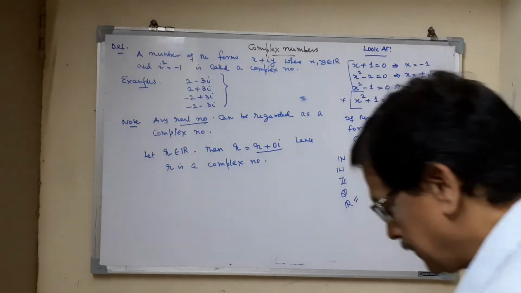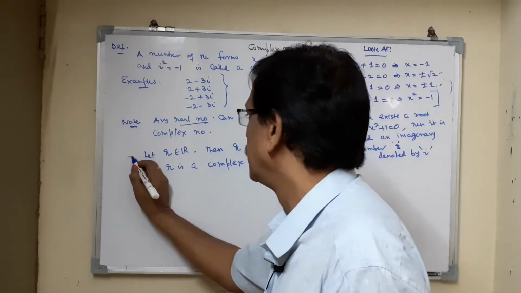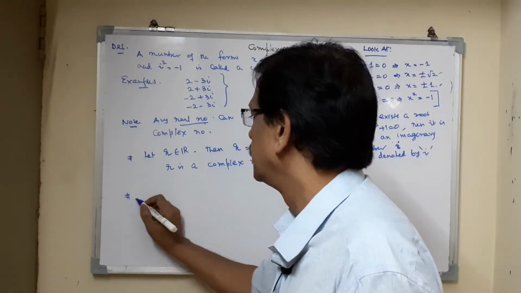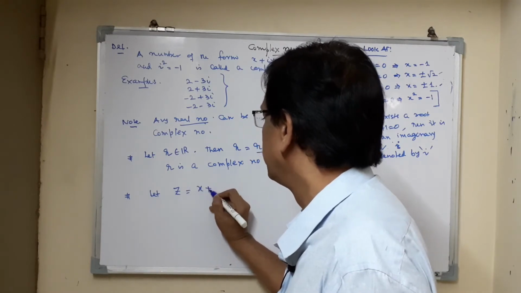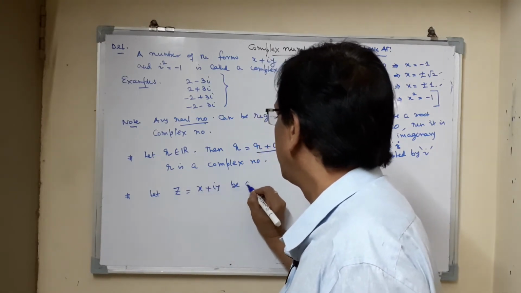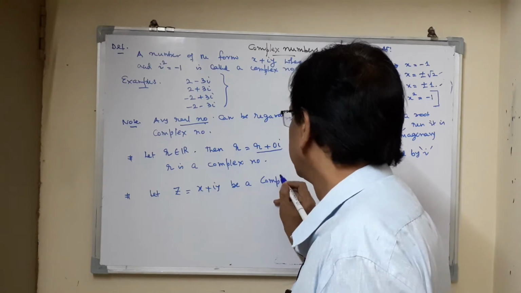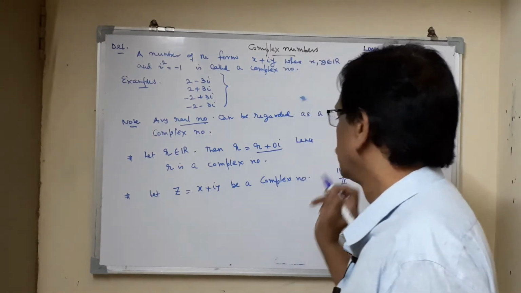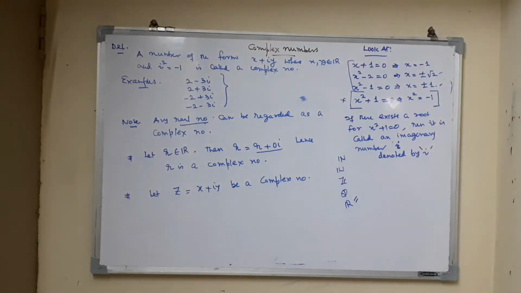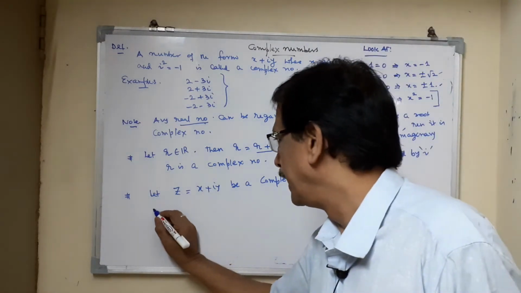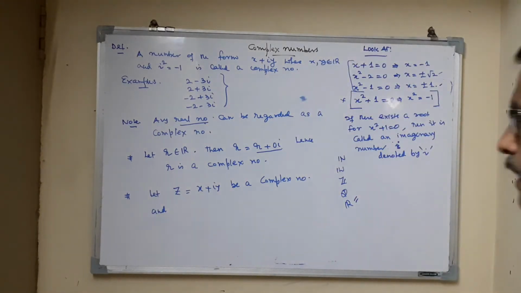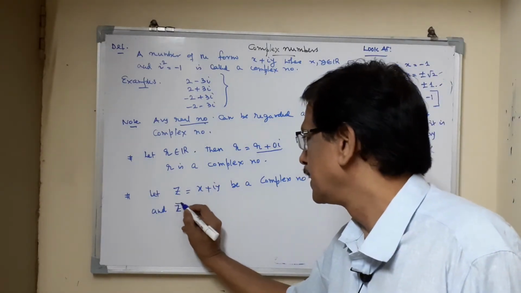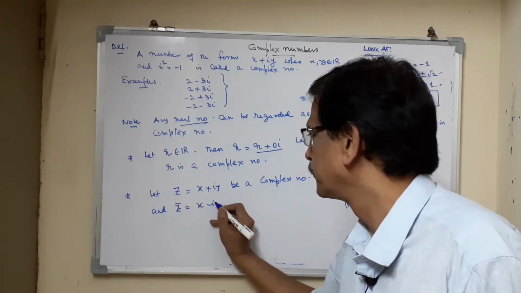Before this, we write: let z equal to x plus iy be a complex number. Usually we write z in this form, and z bar is x minus iy.